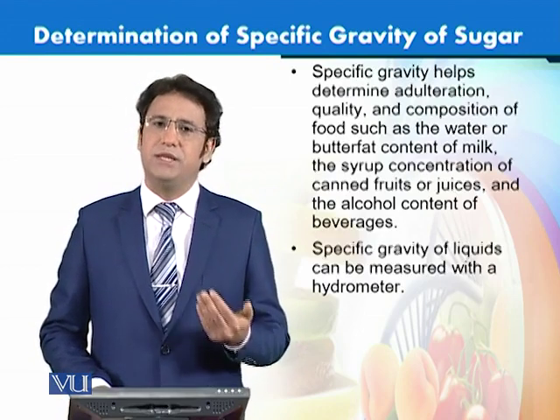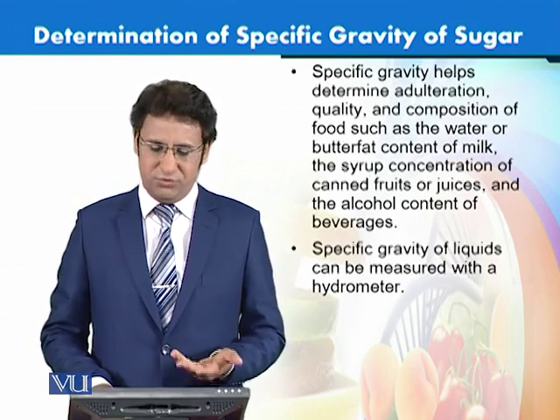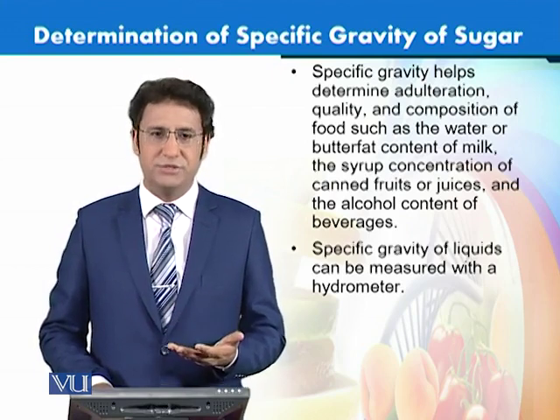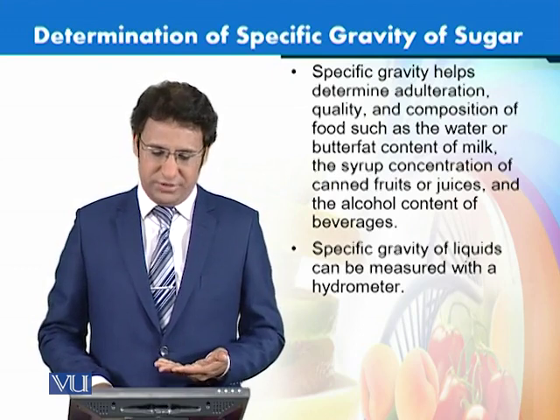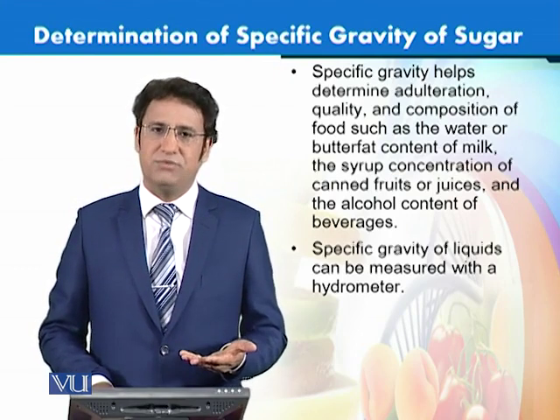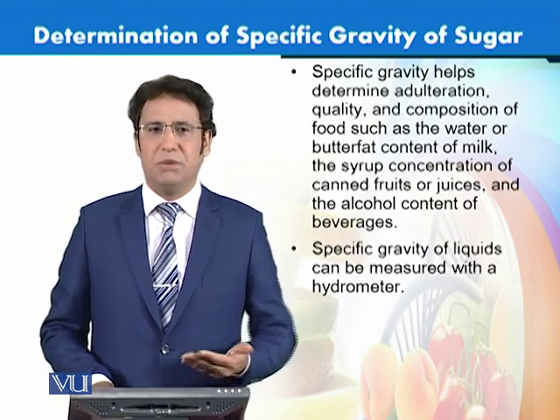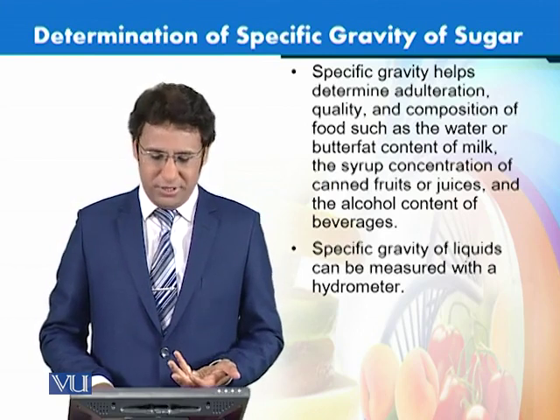So if we look at the benefits of why we do this analysis in different food labs, it can tell us a lot about adulteration, the quality, or the composition of any food. For example, the amount of water that is added to milk for adulteration, or whether fat has been removed from milk.